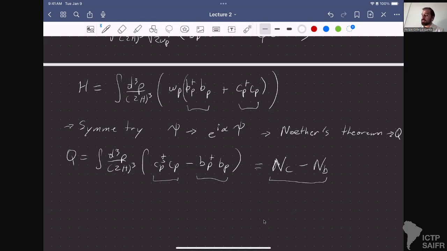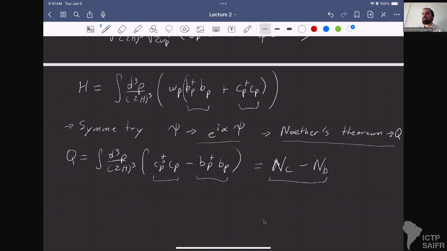In the free theory, each of them individually is conserved since, as I said before, different sectors of the Fock space don't really interact with each other. So if you had 5 C particles, then there's always going to be 5. And if you had 3 B particles, there are always going to be 3 in the free theory. But once we add interactions, then different sectors of the Fock space will begin to be able to interact. But that cannot change the Noether charge of the system, as long as the interactions still respect the symmetry.